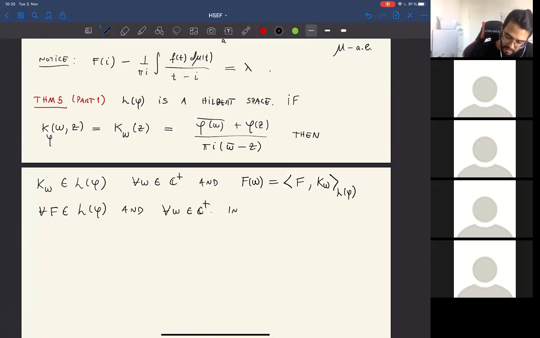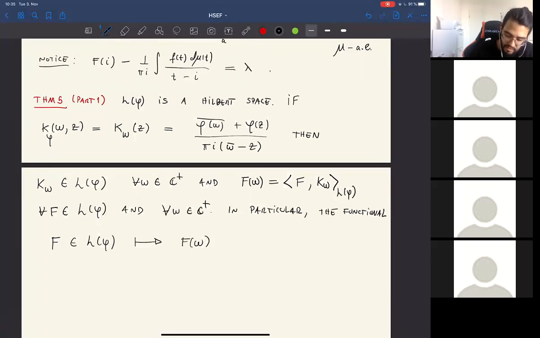And then in particular, we will conclude that the functional, which is the map that takes an f in L phi and maps it to f(w).